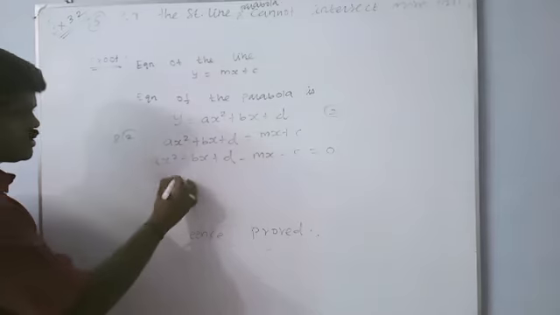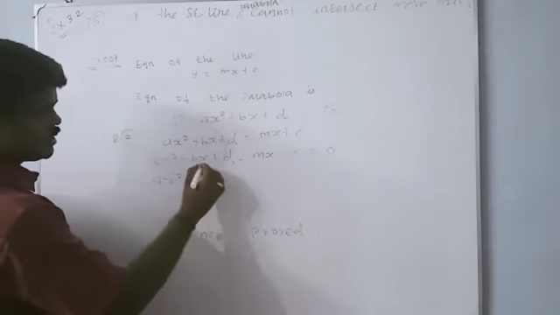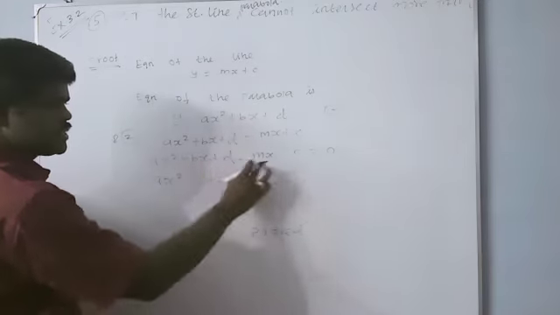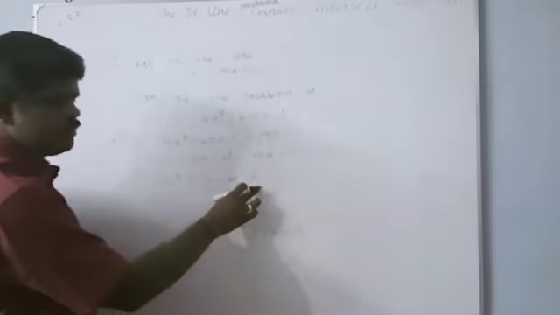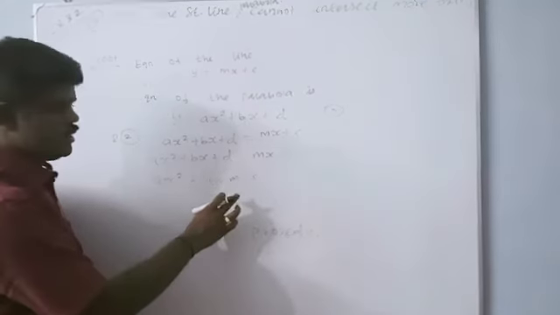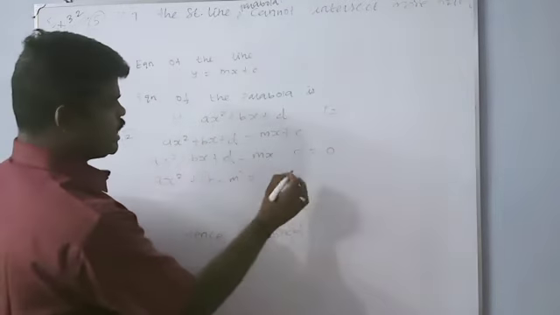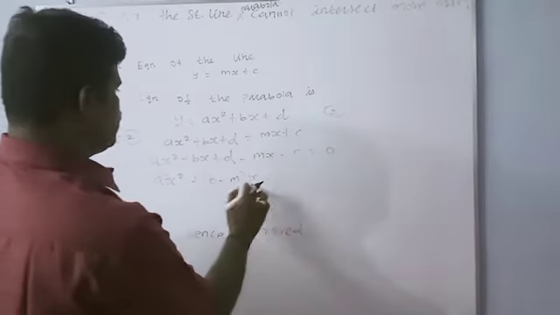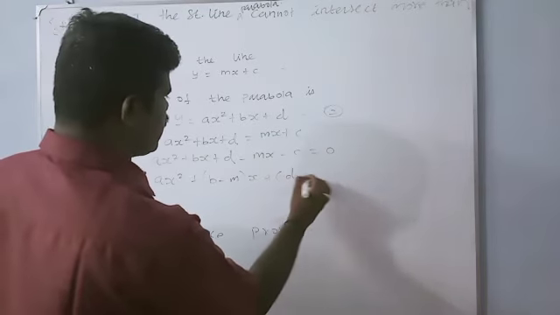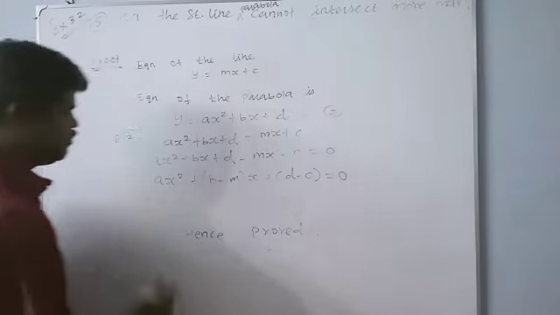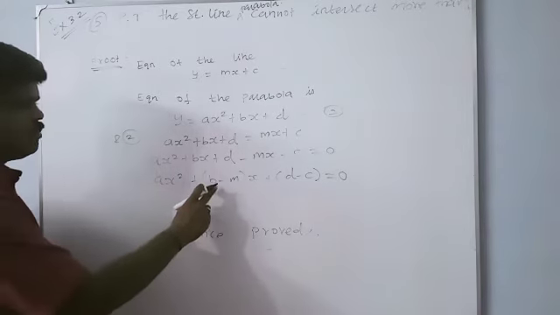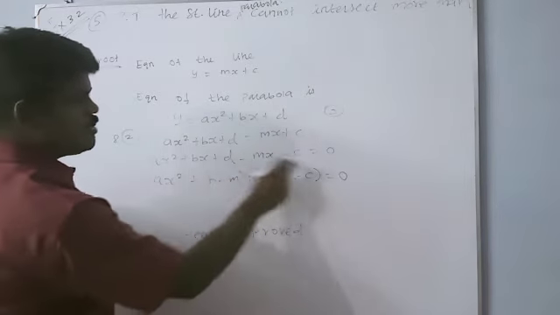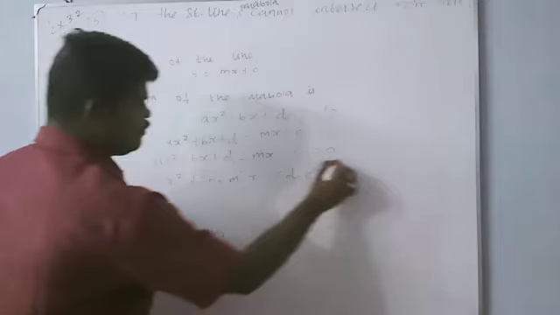Now ax squared plus, this is the term of b minus m into x. This is the x term. So take x outside: b minus m times x, plus d minus c equals 0. So ax squared plus (b minus m)x plus (d minus c) equals 0.